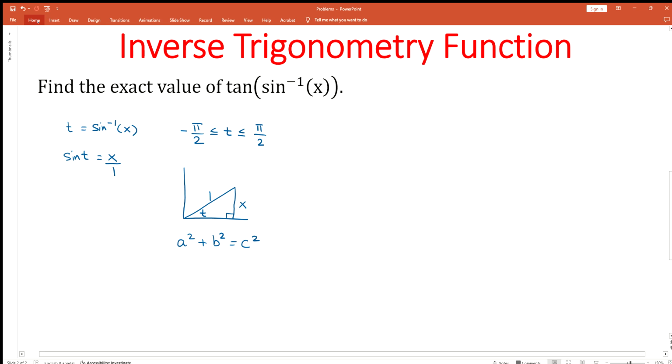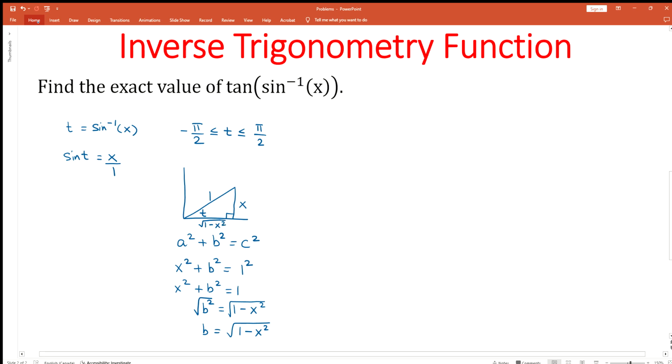We can sub in A as x and solve for B. Next, we can apply square root to both sides. I get b equals square root 1 minus x squared. The length of the horizontal side is square root of 1 minus x squared.